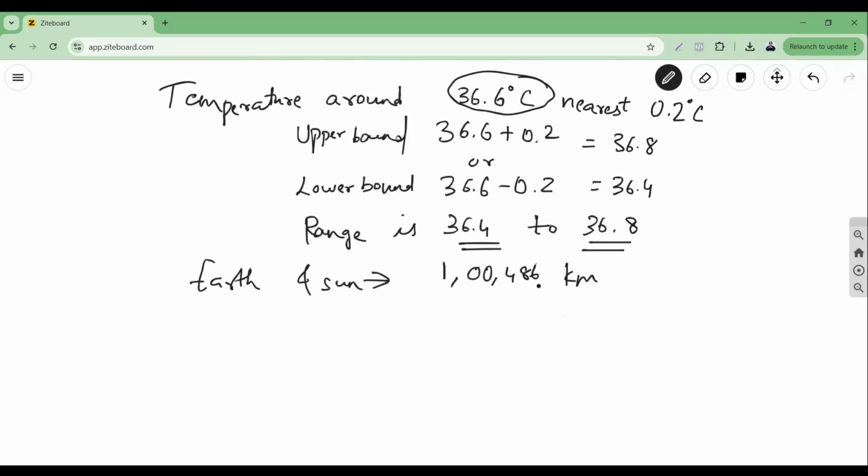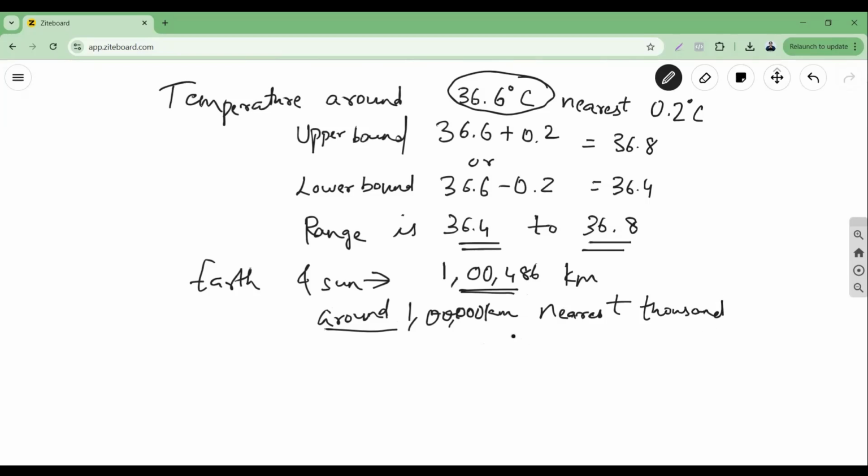If this is the exact number that scientists have got from calculations, then when they send out the reports, they will say it is around 1 lakh kilometer, which is the nearest 1,000.